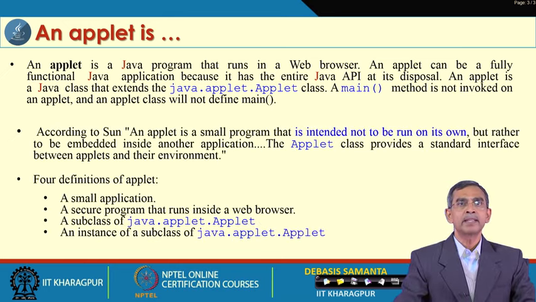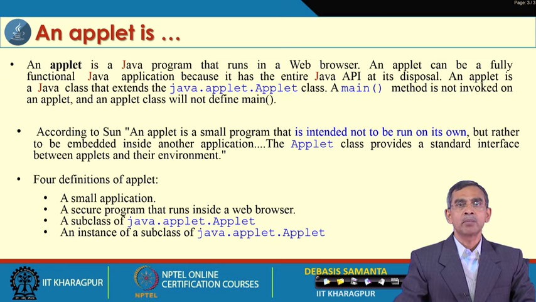The applet is basically a small program, usually meant for internet oriented programming, or more precisely web programming, where browsers can browse the net and access a web page, and this web page will usually include an applet. So, if you want to design a web page, then definitely you can think of an applet.